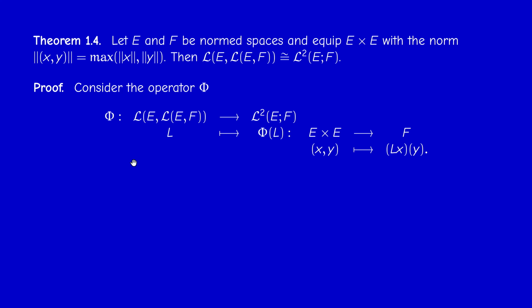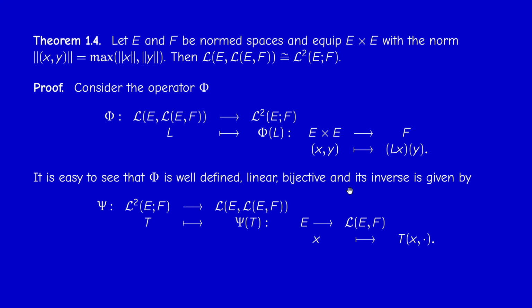So it's easy now to check that phi is linear in L. Just try to estimate phi of L1 plus L2, phi of alpha L. It's very straightforward actually, because everything is linear here. So it's well defined. Well defined means that phi of L really is here. And you see that this is really a bilinear map in x and y because of the double linearity. Now we will talk about boundedness.